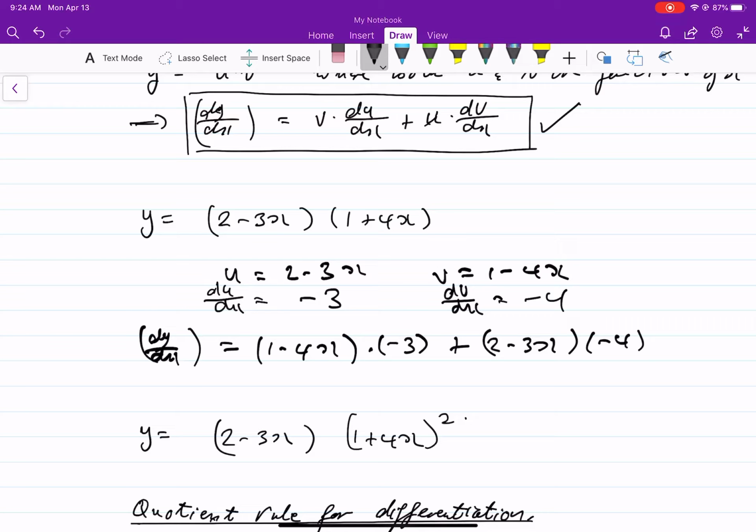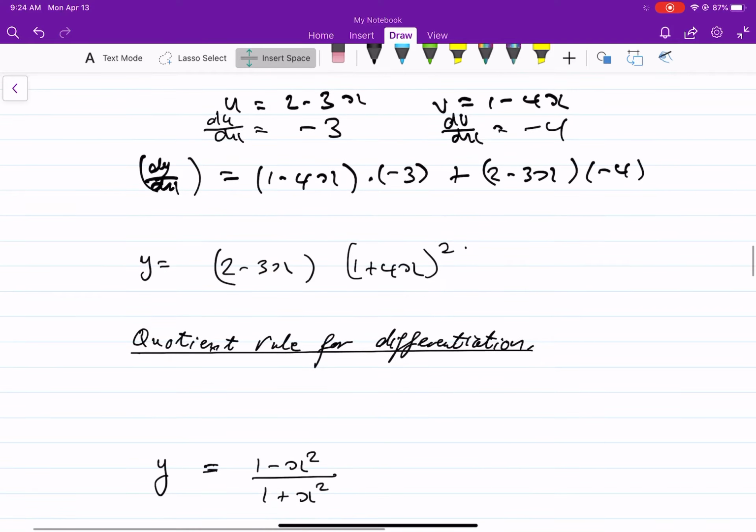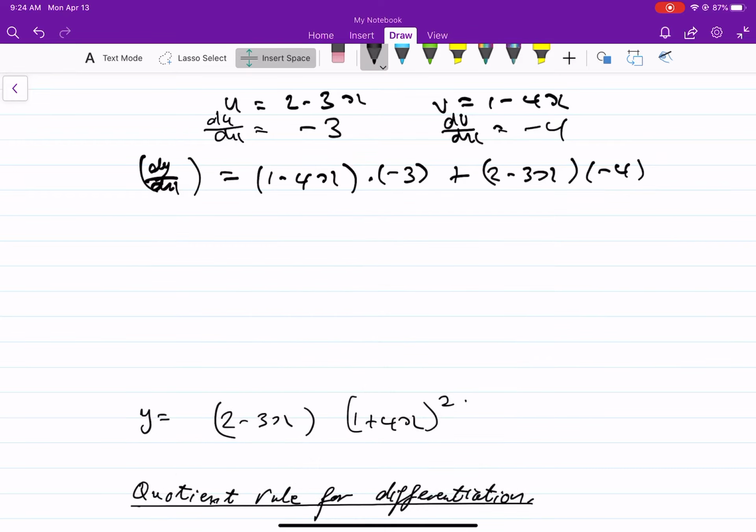And what I'll do here is open up my brackets. dy/dx is equal to, multiply the minus 3 into the first bracket. I'll get minus 3 plus 12x. Please double check my algebra. Sometimes I make some silly mistakes.